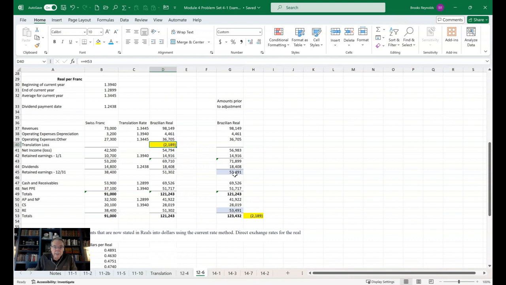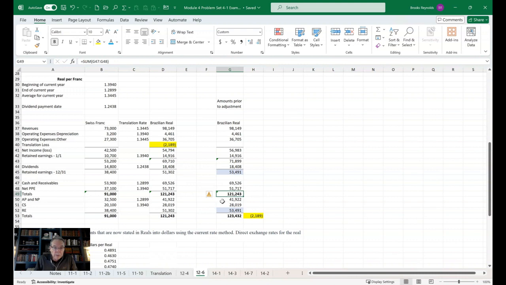And so what you get here is you're going to get retained earnings of 53,491. All right. Or I'm sorry, you're going to get all your assets, okay, from this column, and that is 121,243.